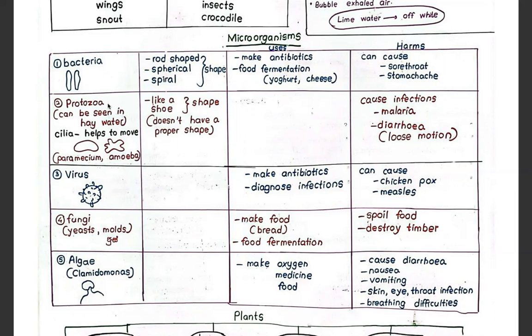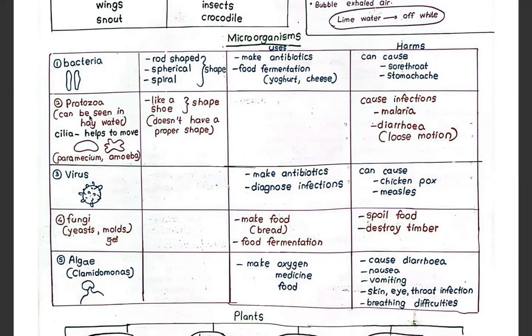And if you take protozoa, it can be seen in hay water. Cilia helps them to move. Cilia is one appendage which helps protozoa to move, right?